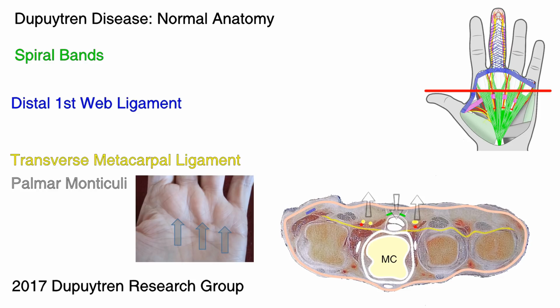That's because it's not constrained. And in people that have early Dupuytren disease, the areas that are affected directly in front of the finger tend to retract down into the palm a little bit. And you wouldn't notice that except the adjacent areas aren't constrained. And so it makes it look as though there are bumps in between the fingers, but in fact those are just the normal areas of palm. They're called the palmar monticuli.